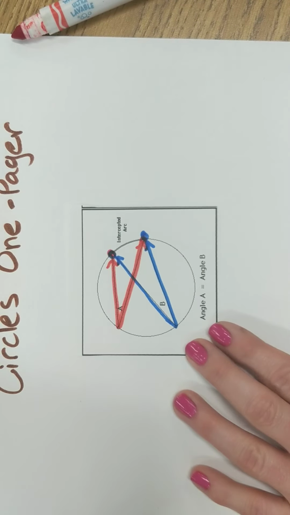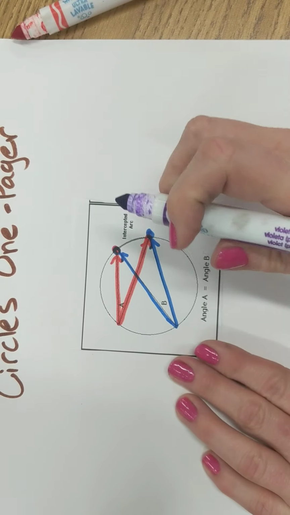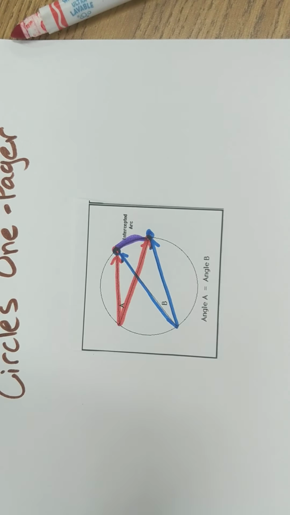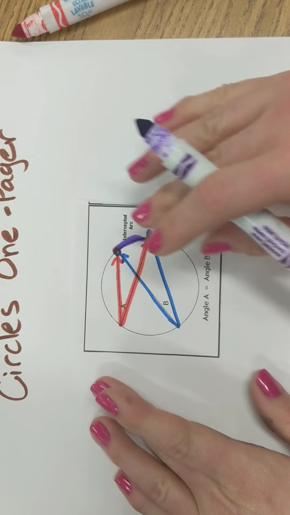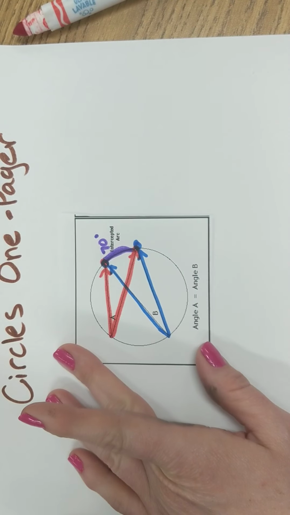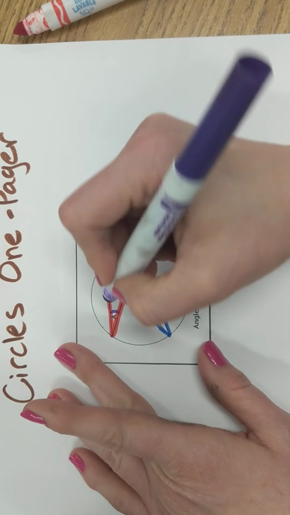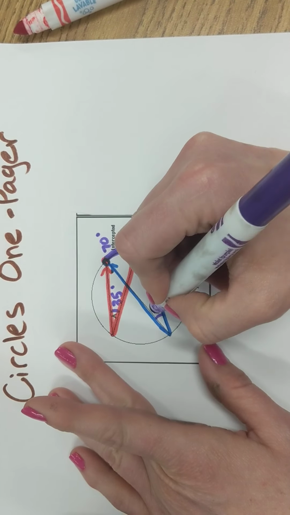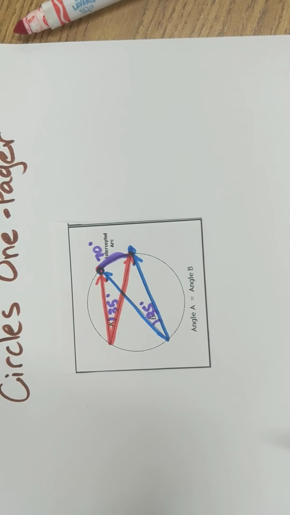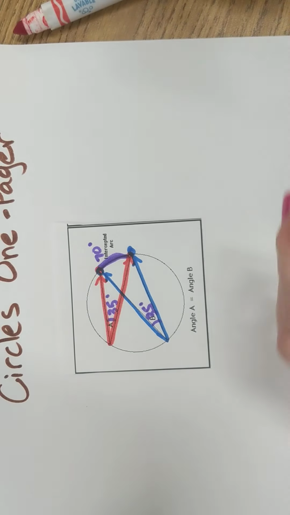And so because angle A and angle B are both formed by the same arc, they're going to both be the same. If this was 70 right here, then both of these would have to be 35 because these are both inscribed angles and they're half the value of their arc. So angle A does have to equal angle B because they both intercept the same arc.